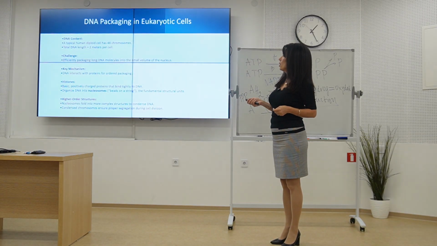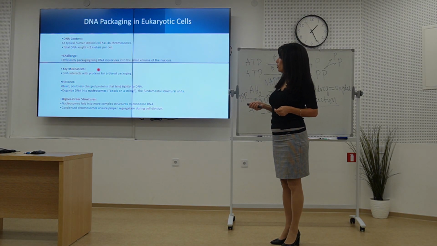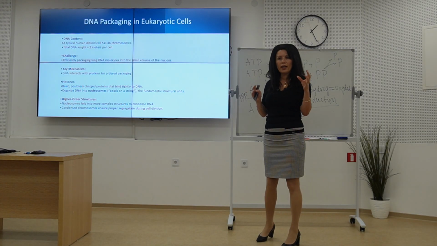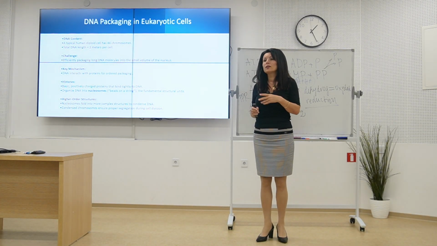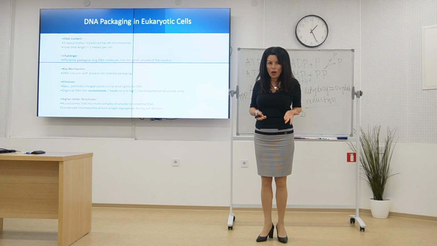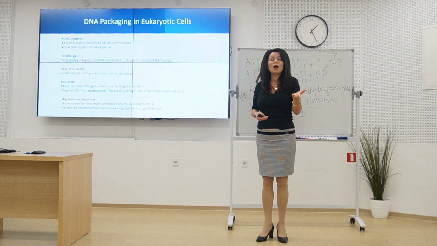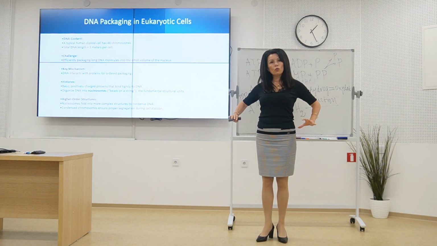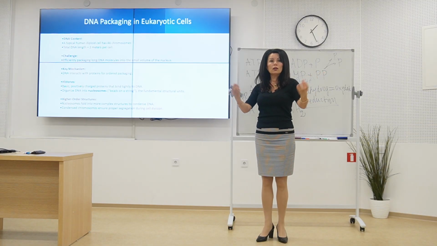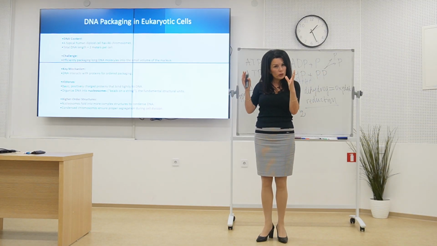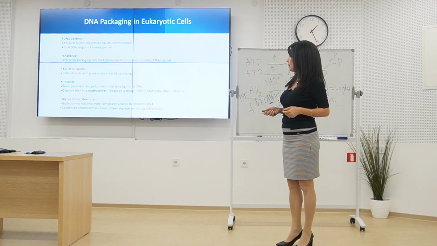Histone proteins are basic, positively charged, and bind tightly to DNA because of its negative charge that comes from the phosphate groups, which are located outside the helix. That's why the histone proteins can be in contact with the DNA.